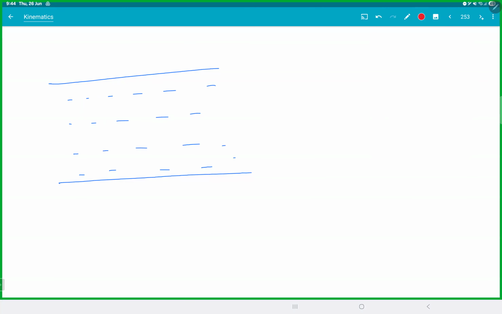So this person here who is standing, now see, you can swim in any direction you want, isn't it? You can swim straight, you can swim like this, you can swim any way you want. So if you join all these vectors, you will observe they all will form a circle of radius v. Does that make sense? Forget about the river. If the man wants to swim, he can swim in any direction with speed v, right?